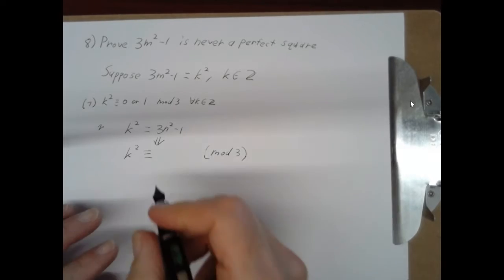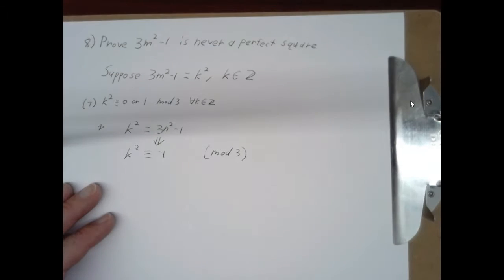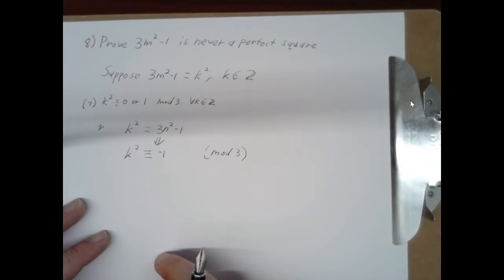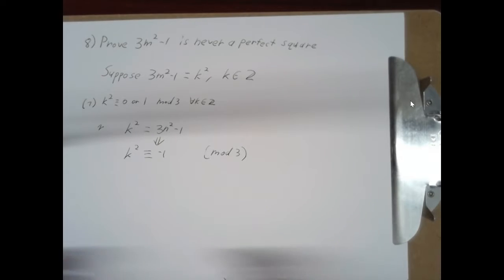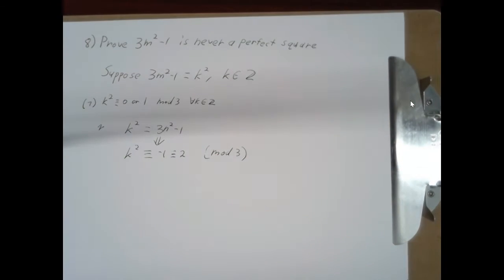2, or -1. It's 1 less than a multiple of 3. Right? 3n squared is congruent to 0, so 3n squared minus 1 is congruent to -1. And -1, if we want to stick to numbers between 0 and 2, is congruent to 2.